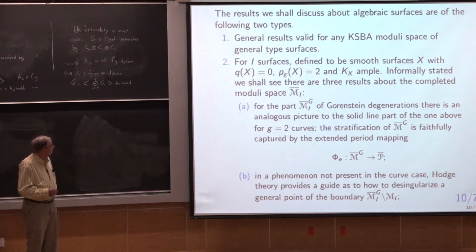So for algebraic surfaces, we're going to discuss two types of results, general results that are valid for any family of algebraic surfaces, and then a particular I-surface, these are the ones that are regular. That means they have no holomorphic one forms. The first Betti number is 0.